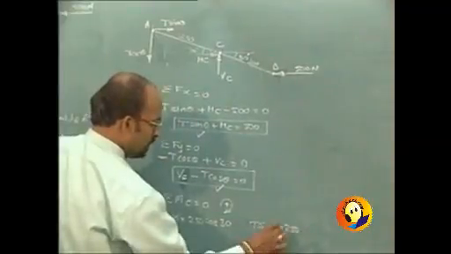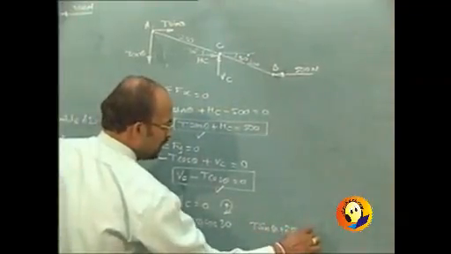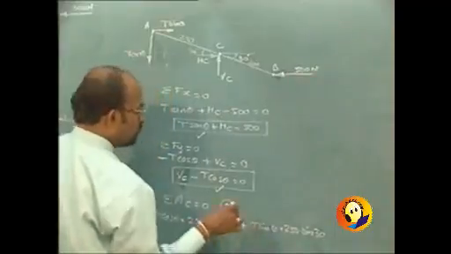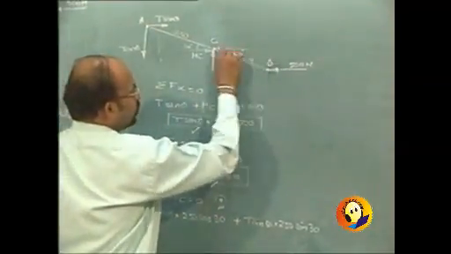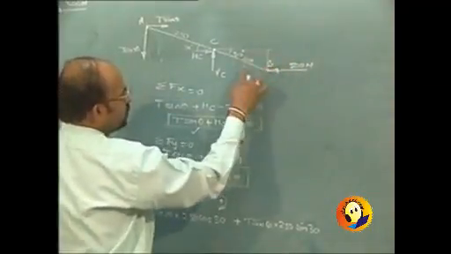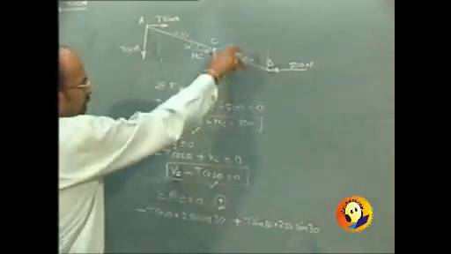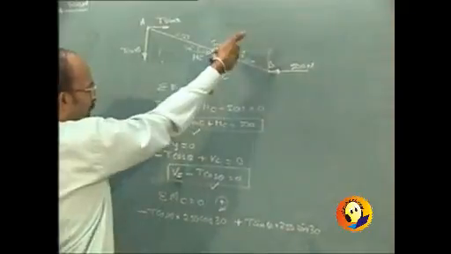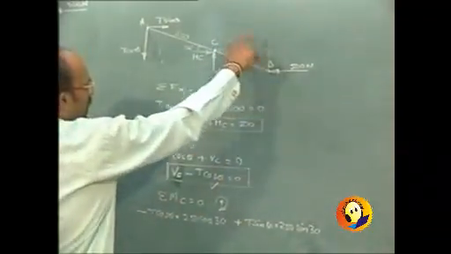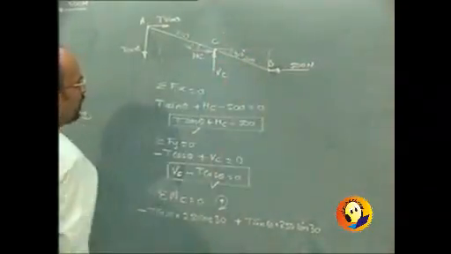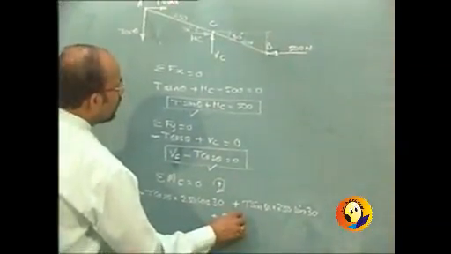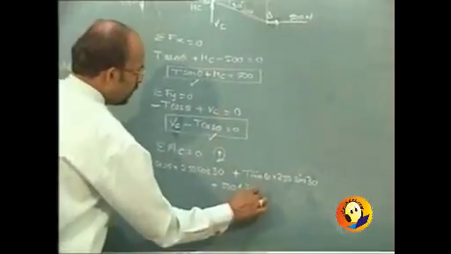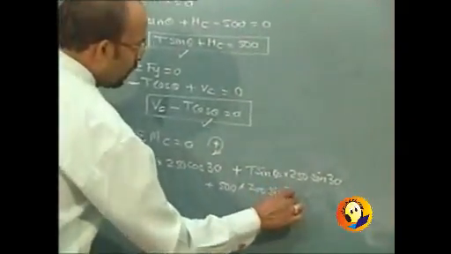This T sin theta into 250 sin 30 degrees positive. And this 500 newton force, which is horizontal, its vertical distance will be 200 sin 30. 500 newtons is going to produce the clockwise moment as such. At point C it will be rotating in clockwise direction. So it will be plus 500 into 200 sin 30 is equal to 0.